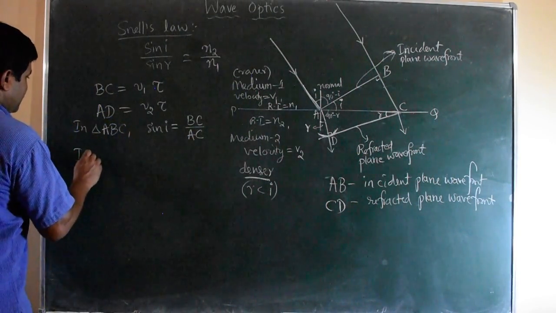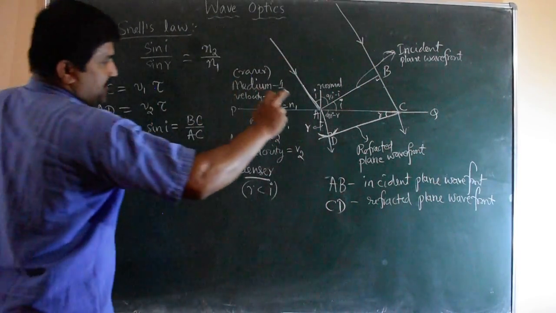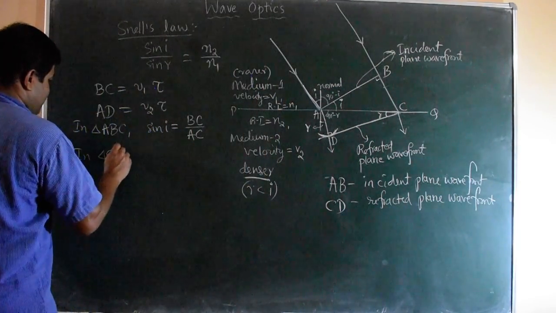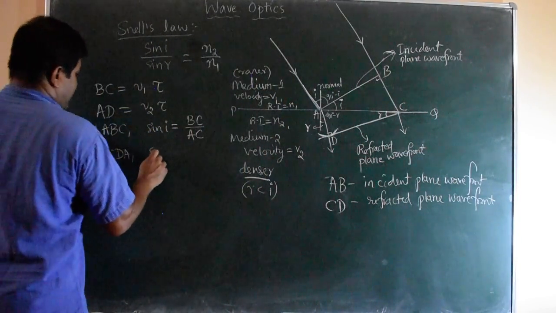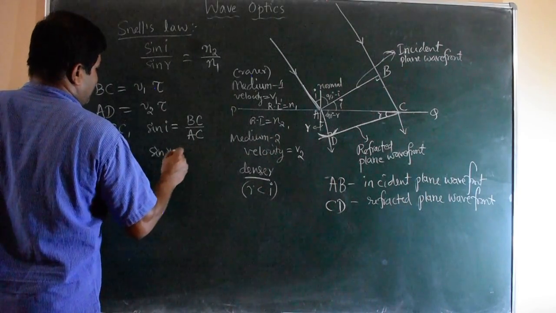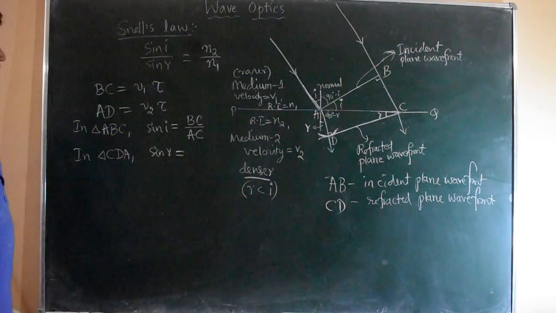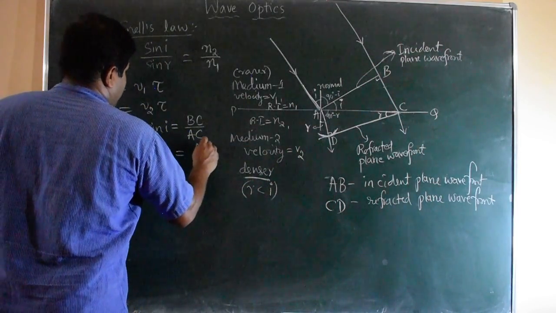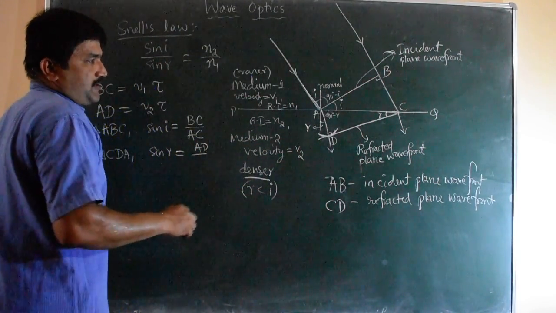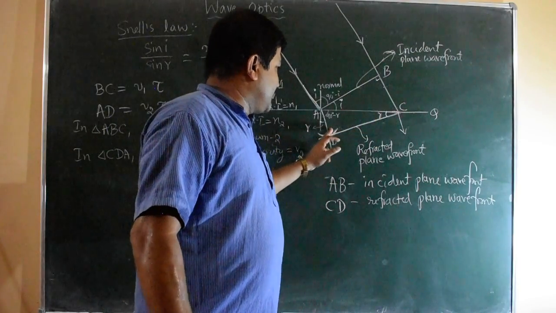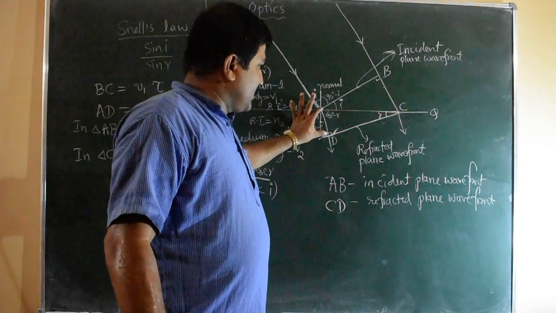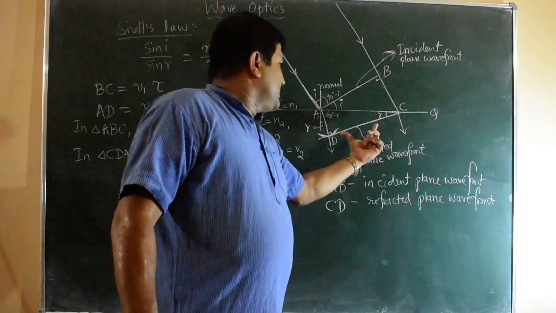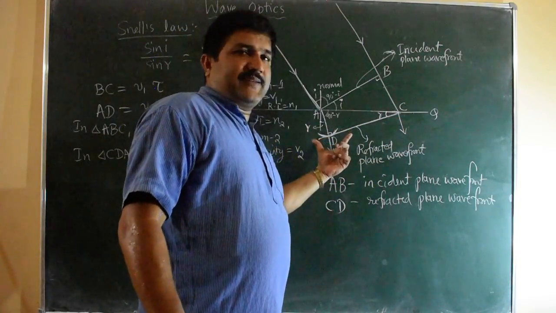Next in triangle CDA, I define sin R equal to AD, the opposite side, divided by the hypotenuse. For the angle R, this is 90 degrees here, so AD is the opposite side and CD is the adjacent side.